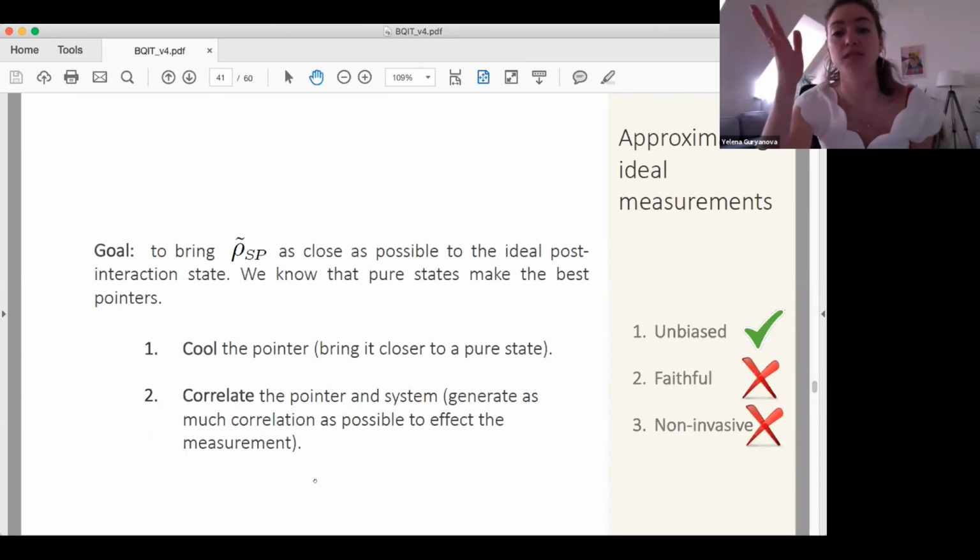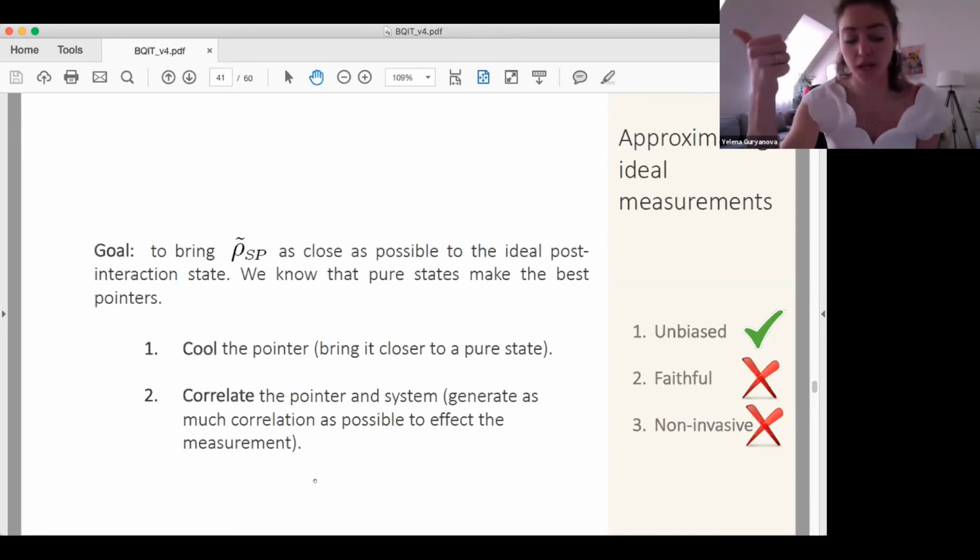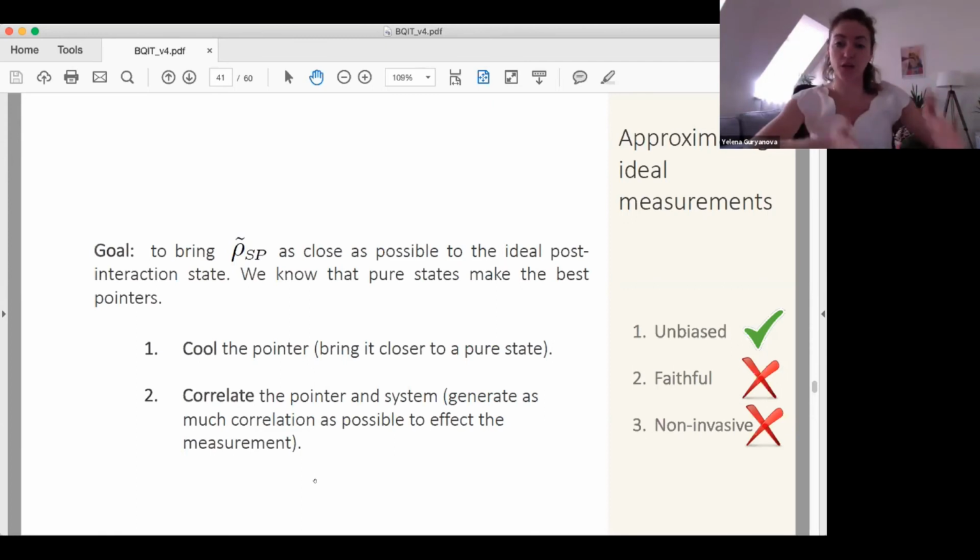What we know is that pure states make the best pointers, because we saw that with the U0, for example, the pure state is the best. So what we do is we conceptually split this total unitary into two parts, a cooling part and a correlating part. We want to cool the pointer in the beginning to bring it closer to a pure state, and then we want to correlate the pointer and the system as much as possible to actually effect the measurement.